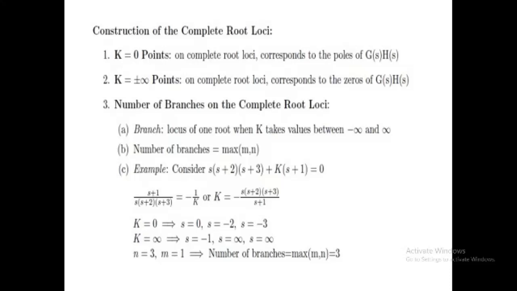Also, when k = infinity, the value of s will be -1, infinity, and infinity. And n = 3, then m = 1. It shows that the number of branches is equal to the maximum, and n = 3.